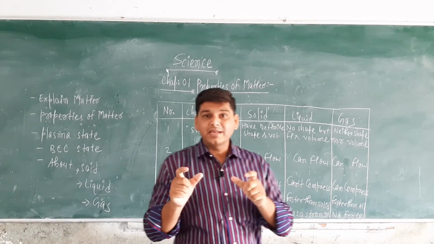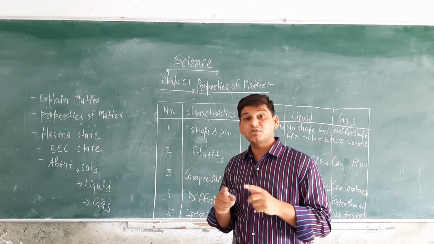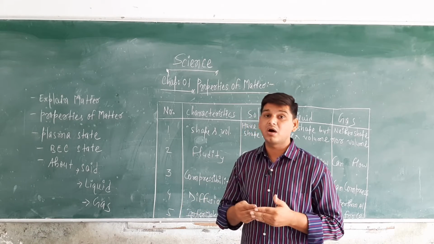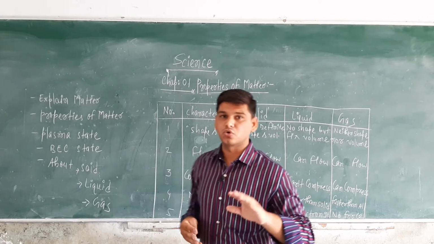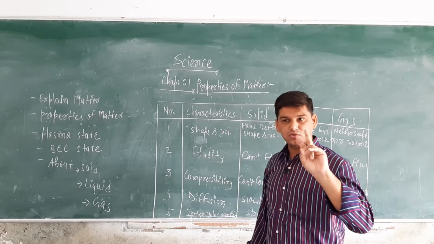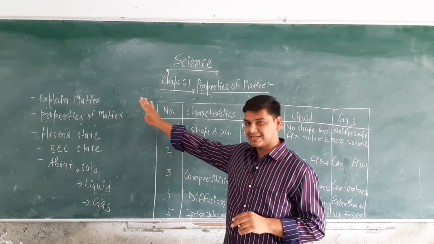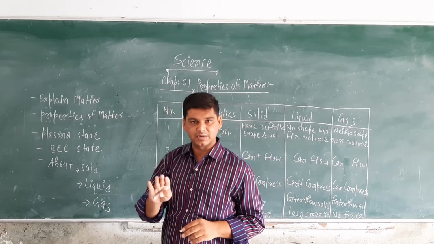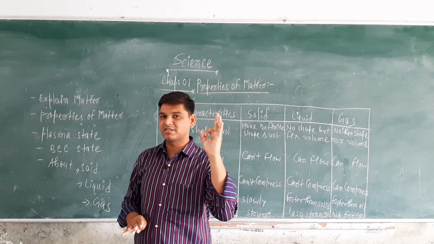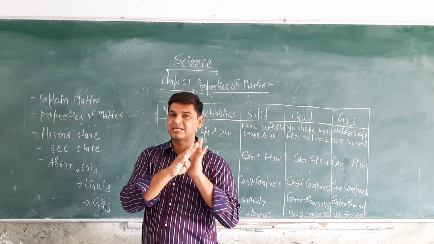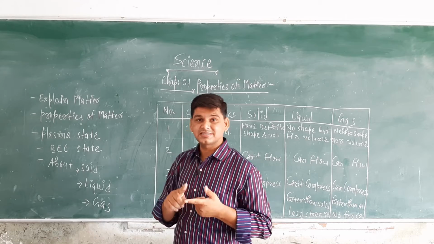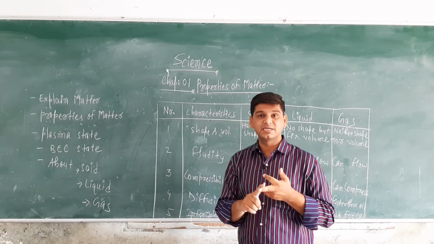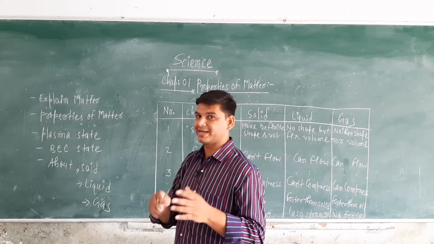So, according to chemical properties, matter is classified as mixture, compound and element. So, matter can be classified in two ways: according to physical properties, with solid state, liquid state and gaseous state, whereas the chemical properties contain element, compound and mixture, right?